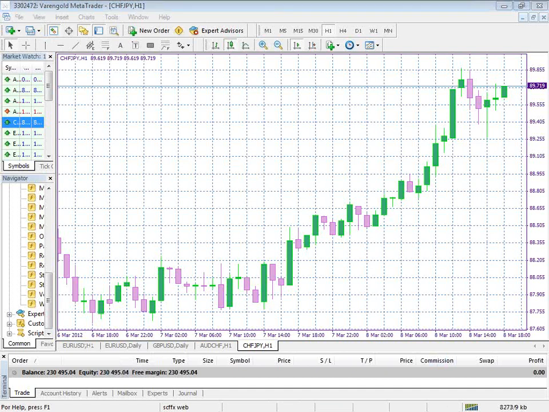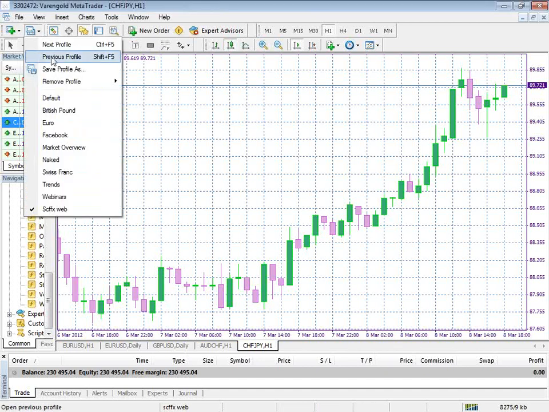When we want to save one, I have different types of profile depending on the currency that I'm working with. I have templates for euro, I have templates for pound, I have templates for different activity that I'm making, for things that I was posting on Facebook or for the webinar.